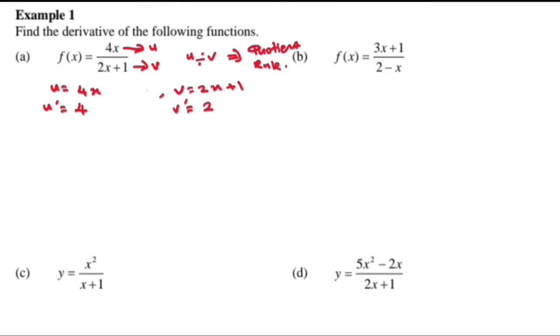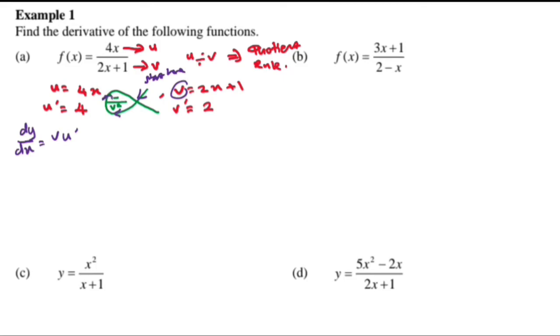After that, draw your crossfish, but with the minus sign as the eye of the fish and over v squared. Now, the formula of your quotient rule would be: start with v because you start here, times u prime.